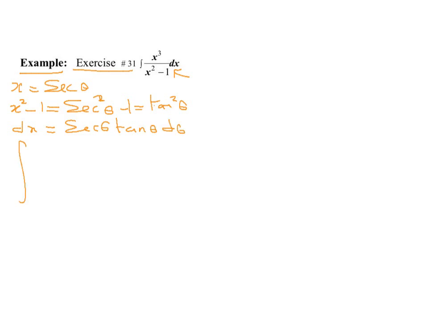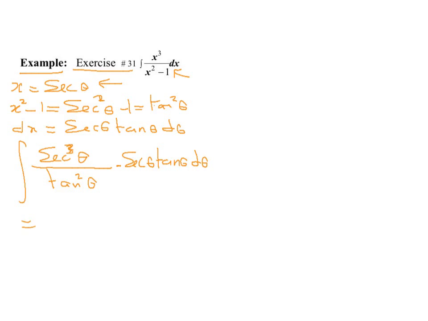So the integration becomes x cubed, which is a cube of this, so it is secant cubed theta. Let us rewrite this again. Divided by x squared minus 1, which is tan squared theta, dx, which is secant theta tan theta d theta.